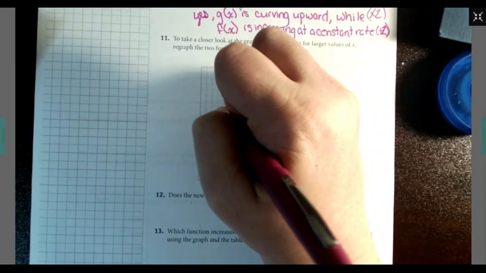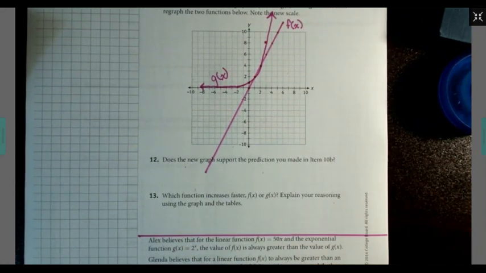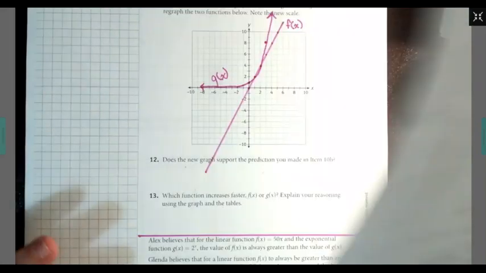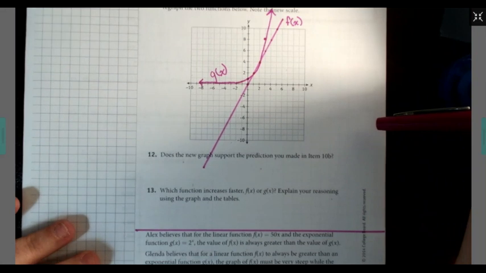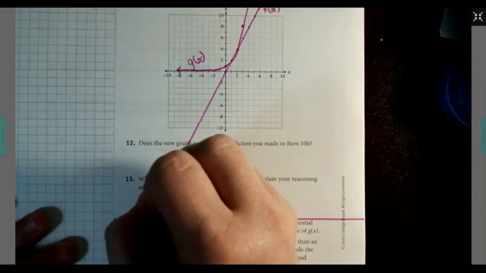And this is g of x. Does this new graph support our prediction for 10b, that we think that this will continue to stay above? Yes.